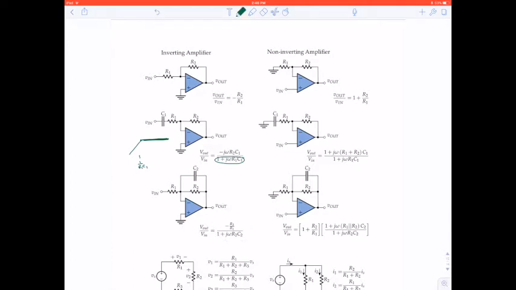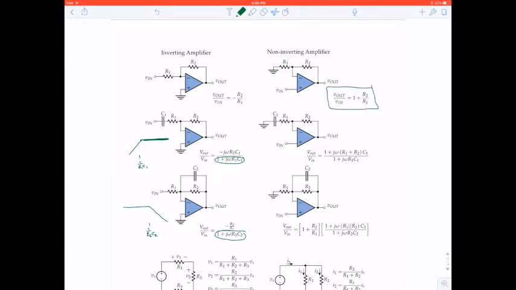It has a single pole; it is flat, and then it attenuates at minus 20 dB per decade, with the corner frequency set by this pole as 1 over R2 C2.